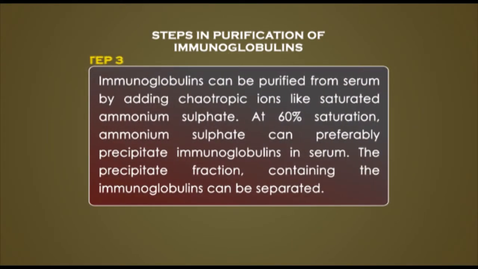Immunoglobulins can be purified from serum by adding chaotropic ions like saturated ammonium sulfate. At 60% saturation, ammonium sulfate can preferably precipitate immunoglobulins in serum. The precipitate fraction containing the immunoglobulins can be separated.